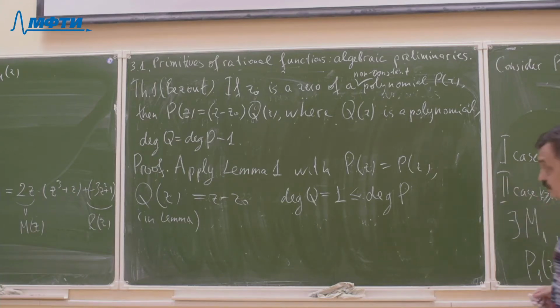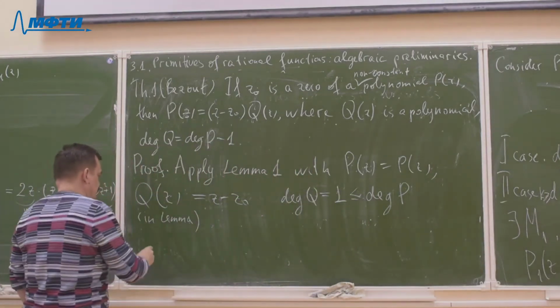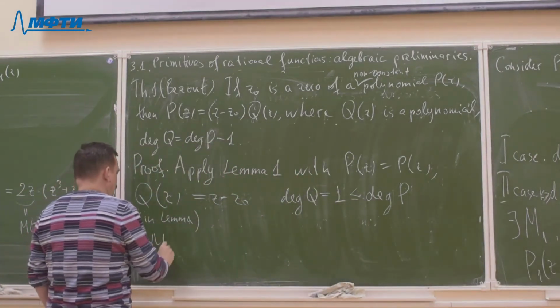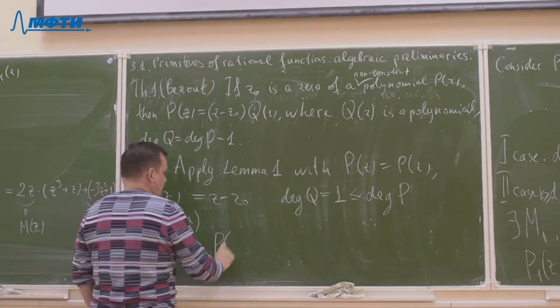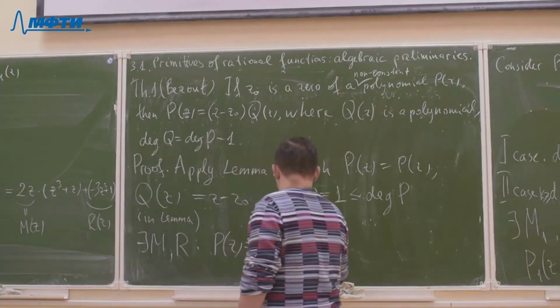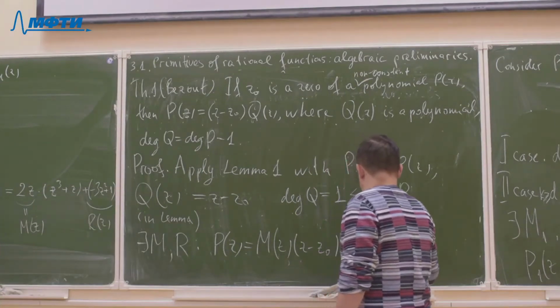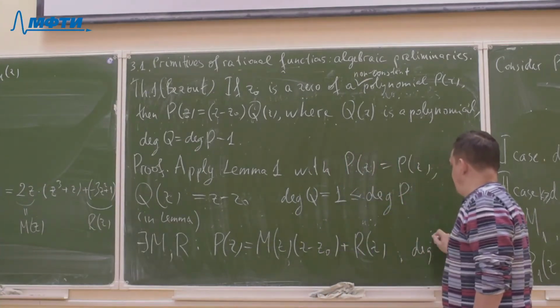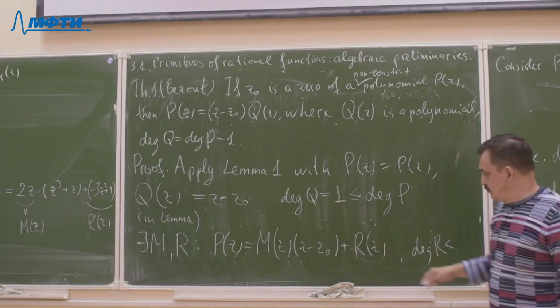If we apply the lemma with those data, then there exist M and R such that P of Z equals M of Z times Z minus Z0 plus R of Z, where the degree of R is less than the degree of Q, so it's less than 1.